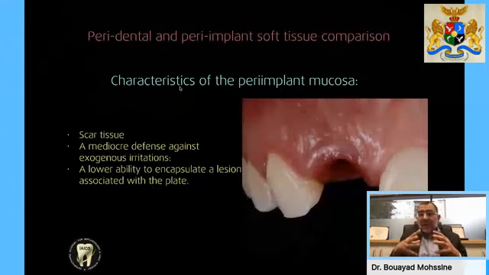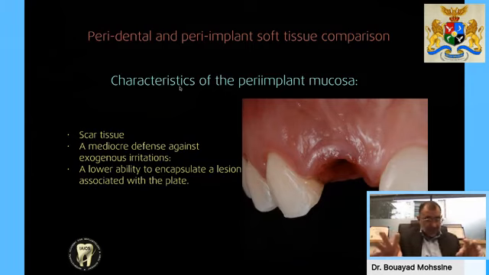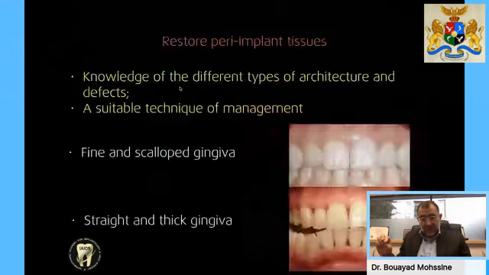But we have to know that there are many characteristics of peri-implant mucosa. There is a difference between natural mucosa around the natural tooth and peri-implant mucosa. This mucosa is a scar tissue with a mediocre defense against exogenous irritation and a lower ability to encapsulate a lesion associated with the plaque.